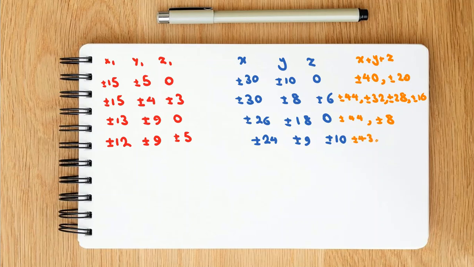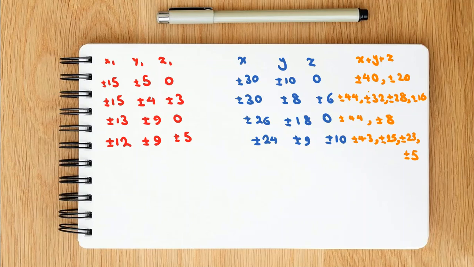It will be plus minus 43. 24 plus 10, 34, minus 9, 25, plus minus 25. 24 plus 9, 33, minus 10, 23. And the last one, 24 minus 9 minus 10, 24 minus 19, which will be 5, plus minus 5.